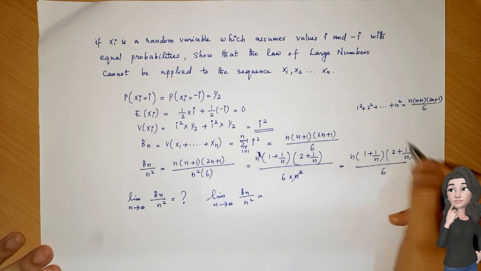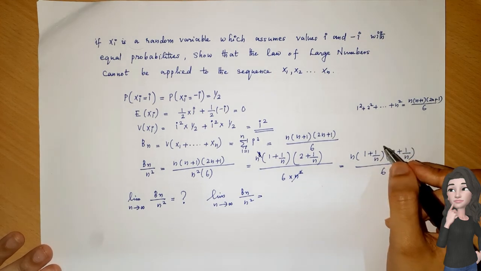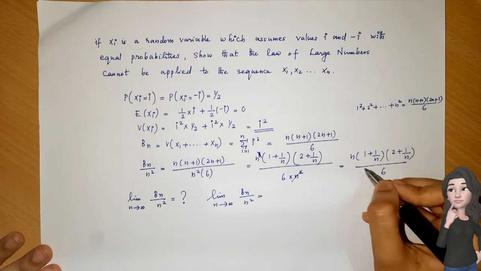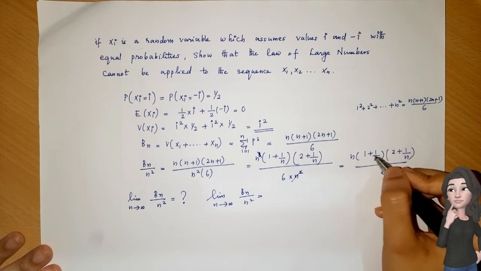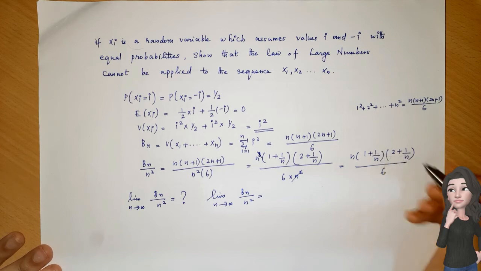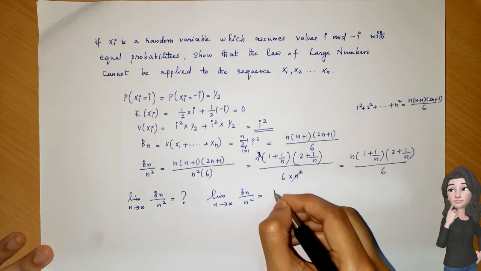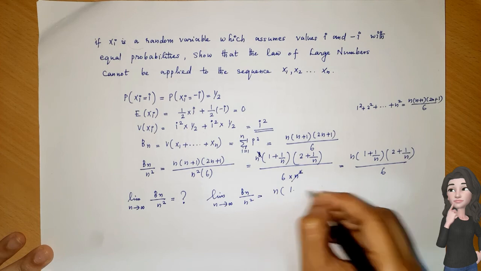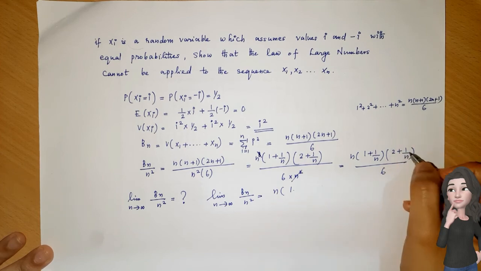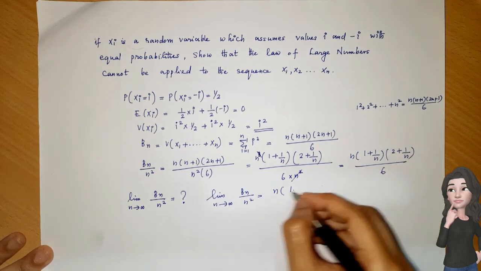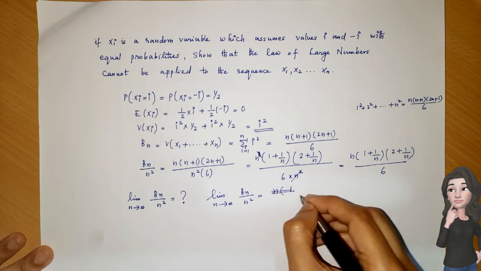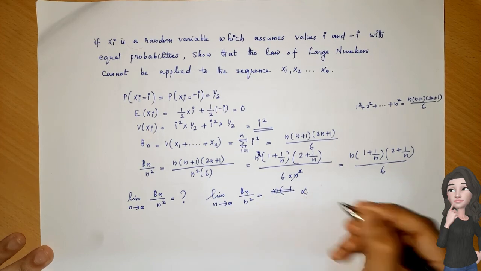So we have only the concentration on the numerator. And in the numerator, it is infinity into 1 plus 1 by infinity. 1 by infinity is 0. So n into 1 into 2, and 1 by n is again 0. So this term is infinity.